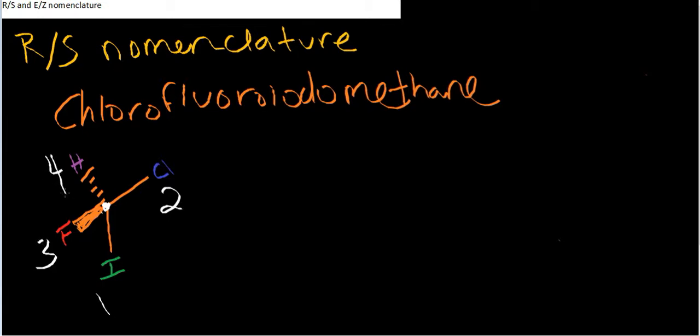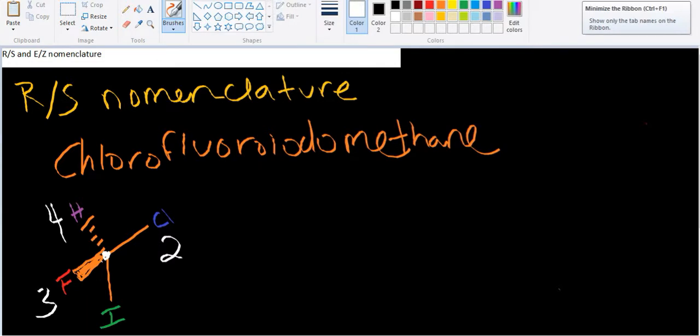And actually I'm going to switch these 2 around. I'll have my hydrogen coming at me, and I'll have my fluorine going back. Alright, fluorine 3, so I'll have to change these numbers as well.